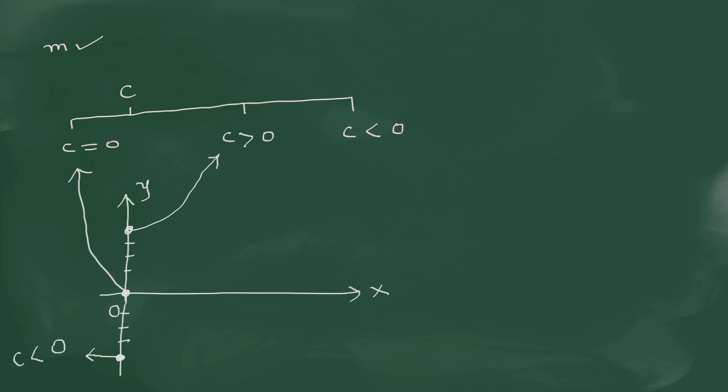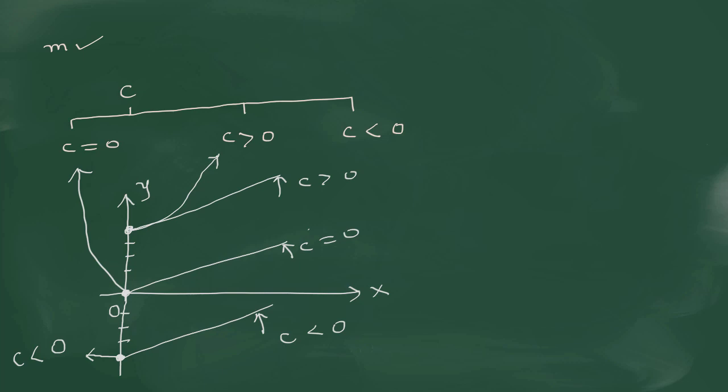Now the equation of the straight line will be as usual. For example, if you had a straight line like this, suppose this is the equation of the straight line, then the same straight line will come here. You can see that the straight line will be the same. You are just shifting the straight line down. So this is the straight line for C greater than 0, this is a straight line with C equal to 0, and this is a straight line with C less than 0.